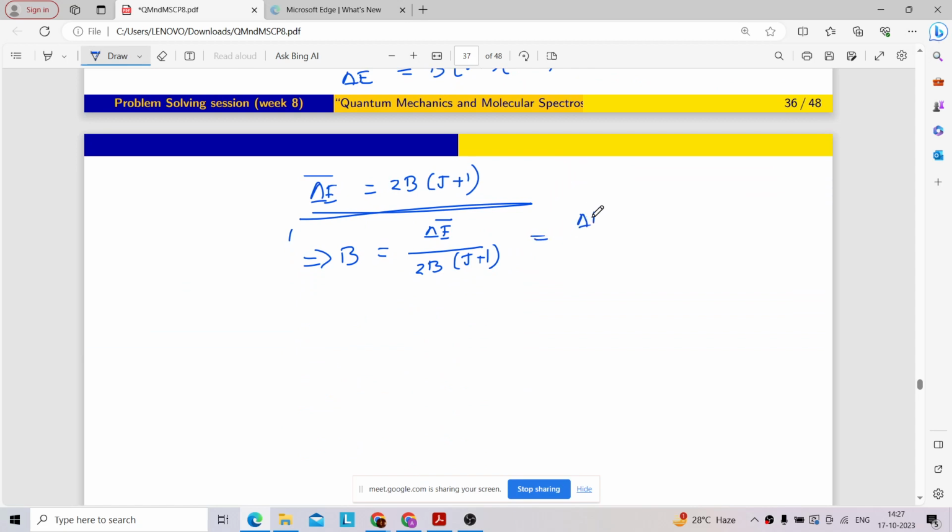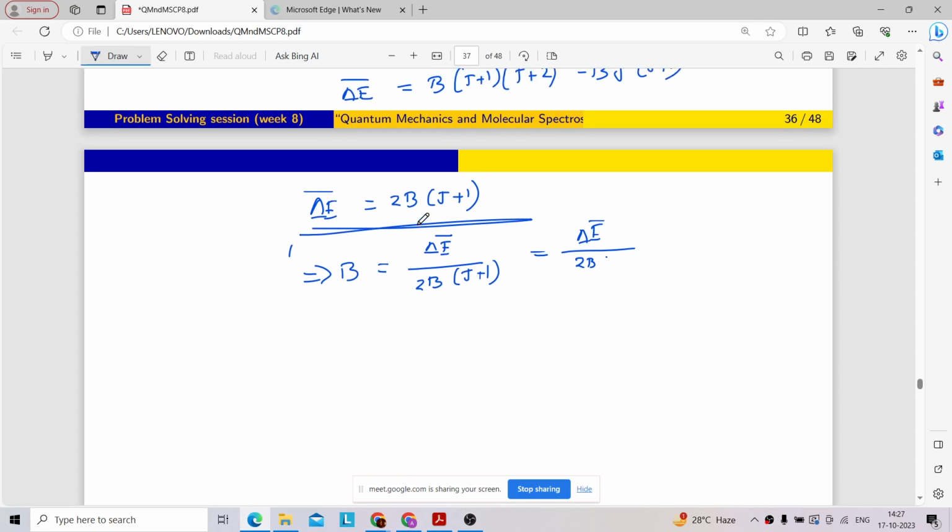So this is 2 times 1, which gives delta E bar over 2.